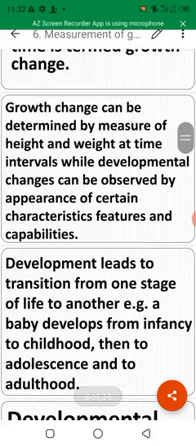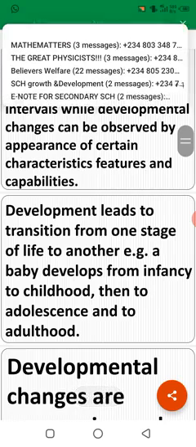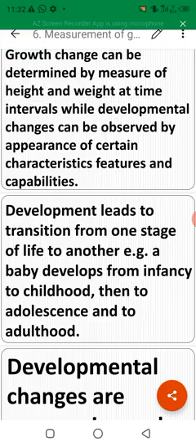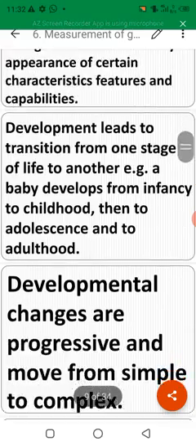So development leads to transition from one stage of life to another, e.g., a baby develops from infancy to childhood, then to adolescence and adulthood.